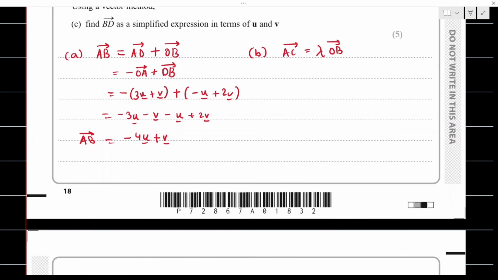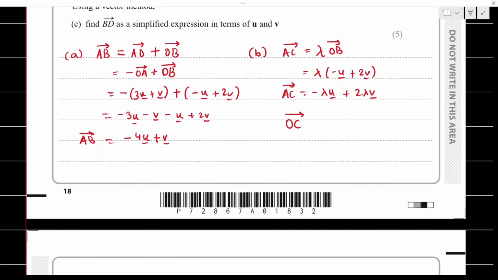We already know that the AC vector and OB vector are parallel. As they are parallel, their direction is the same. The only way they differ is by their magnitude. That's why I can write AC vector is equal to lambda, which is a scalar quantity, times our OB vector. I know that OB vector is equal to minus u vector plus 2v vector. So this will give me minus lambda u plus 2 lambda v for the vector AC.